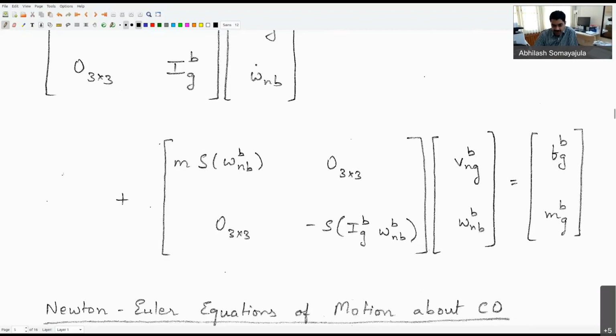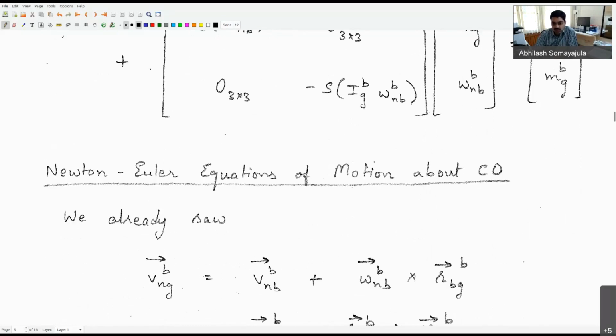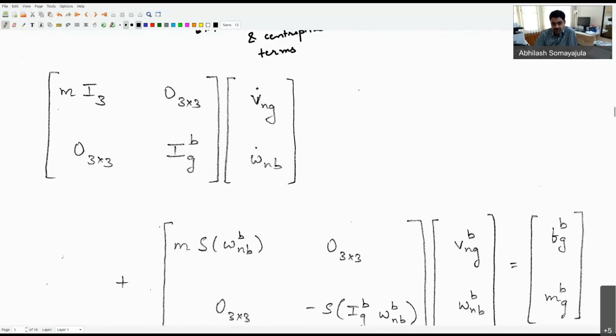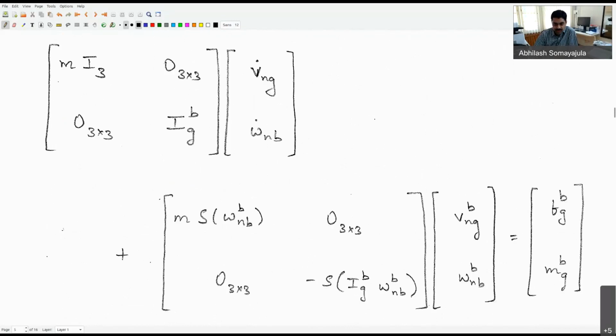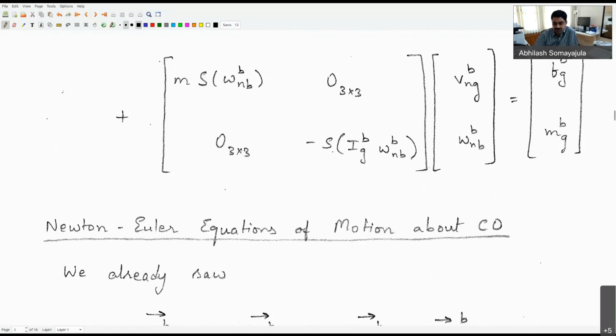That is where we were, and we started to look at how we can convert the so-called equations of motion that we derived with respect to the center of gravity. We now want to derive the equations of motion about the coordinate origin of the B frame.